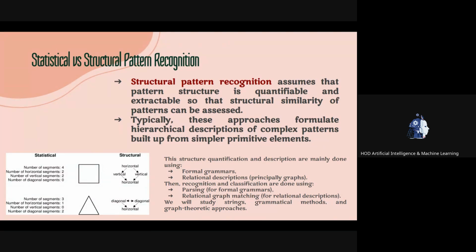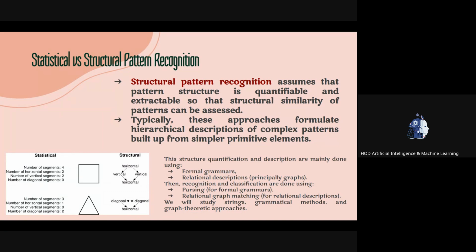It takes features. The number of line segments, how many line segments do you have? That's a number, a statistical value, right? The number of horizontal segments is 2, the number of vertical segments is 2, and the number of diagonal segments is 0.